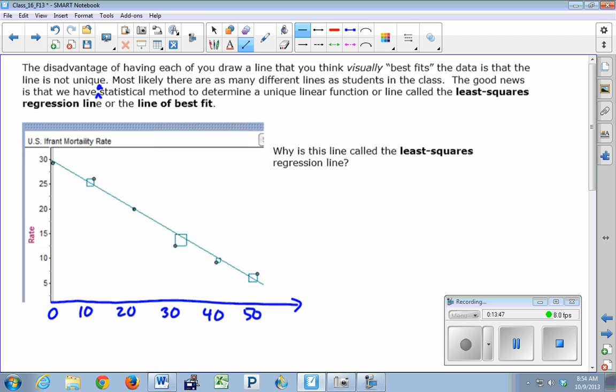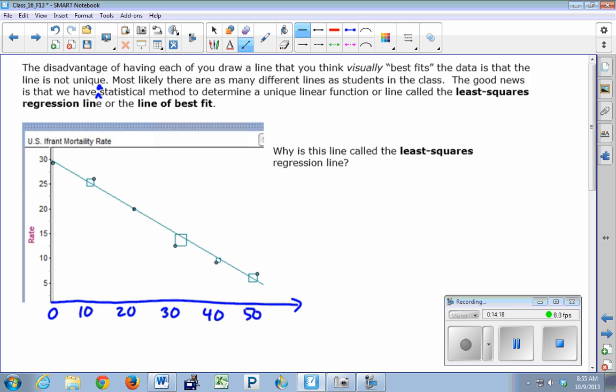So you may not care or wonder, but some people say, why is it called the least squares regression line? And I'm going to try not to go into statistics mode and explain it all to you, but I thought a picture would help you understand least squares. So what kind of picture comes to your mind when you think of the word squares? A square, right? And we're trying to find a line that's as close to these points as possible.